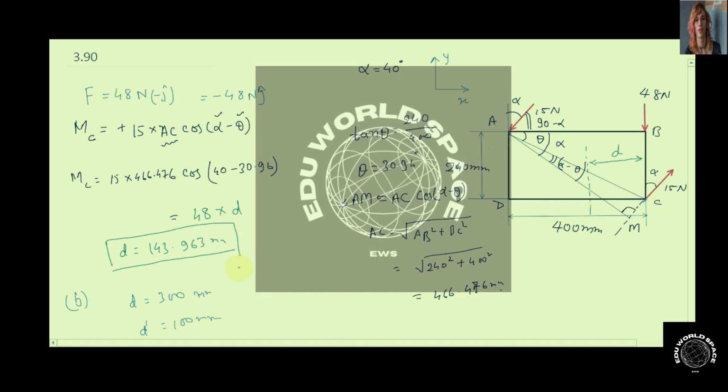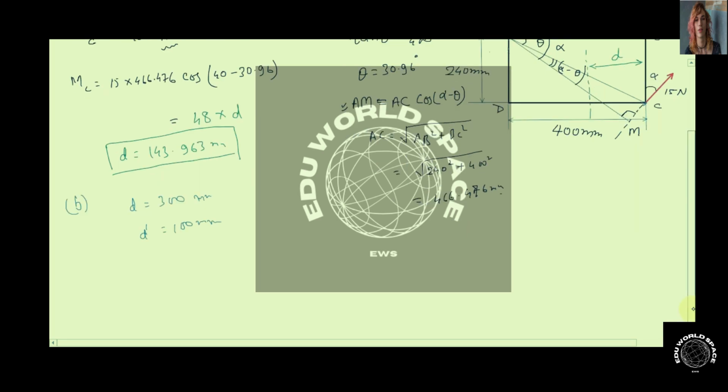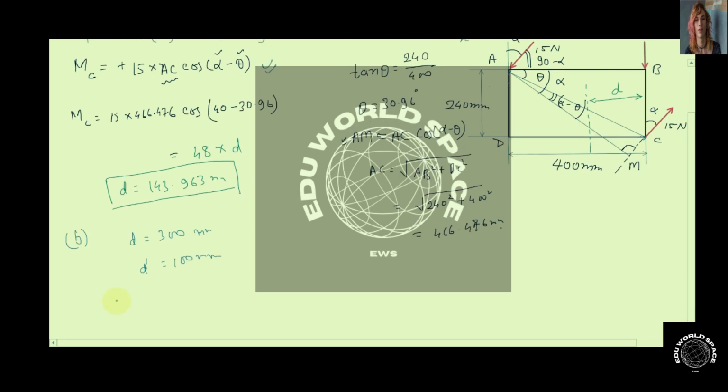Now we can use this relation again. What was the moment equation? We can write it here as moment about C, and that is equal to 15 multiplied by AC, and we have already calculated AC, which is fixed for the entire problem, 466.476 cos alpha.